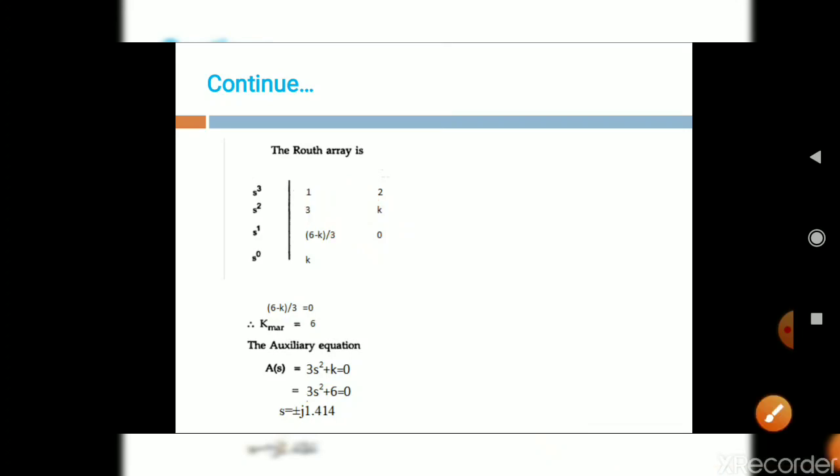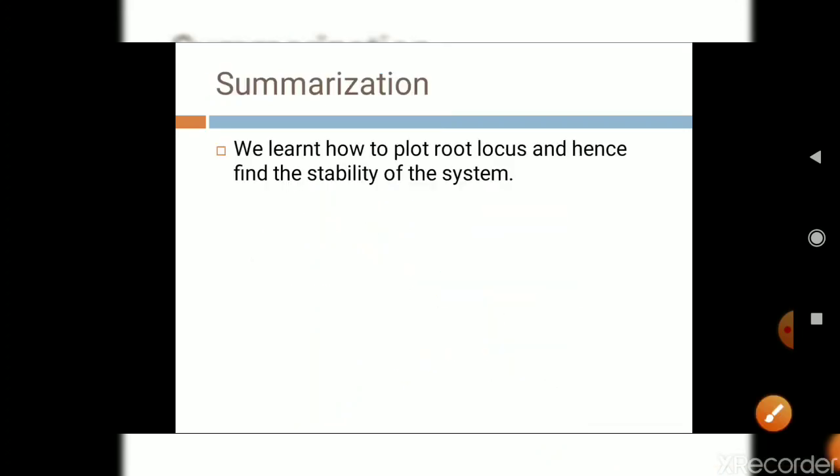In the next step, again, the remaining factor is k. So here it is k.